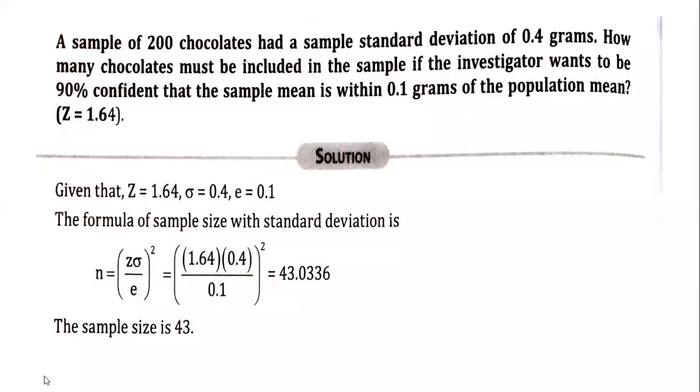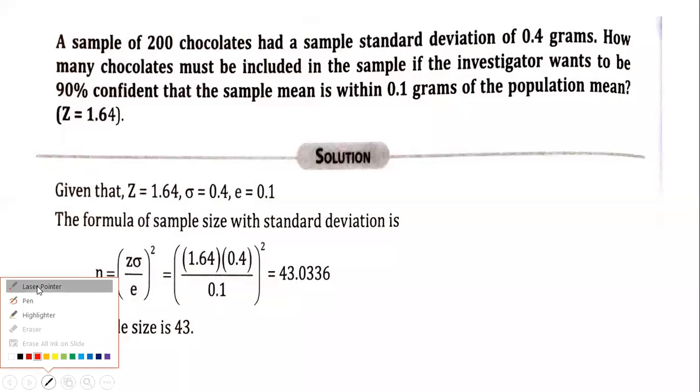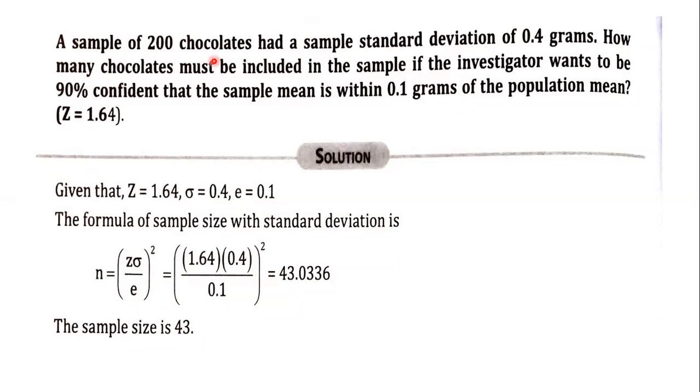Now, if you see the second problem, the sample of 200 chocolates had a sample standard deviation of 0.4 grams. So there were 200 different chocolates as the sample, and the standard deviation of this sample was 0.4 grams.